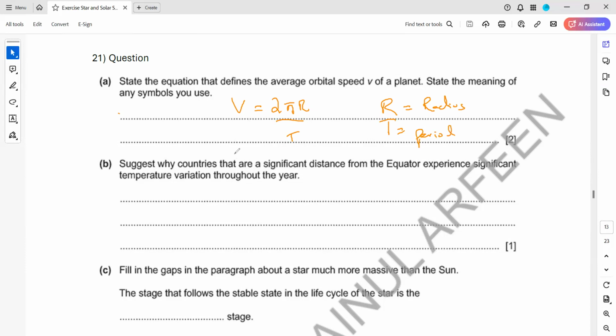Suggest why countries that are a significant distance from the equator experience a significant variation in temperature throughout the year. So what is the reason why countries with a greater distance from the equator experience different seasons or changes in temperature?